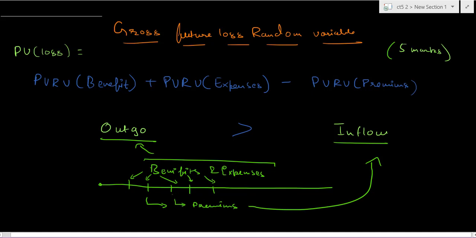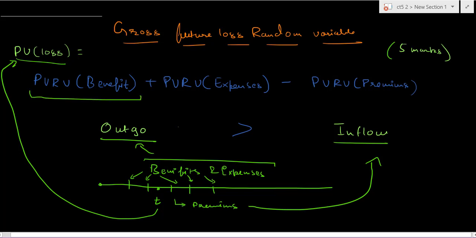At any arbitrary time t, what they'll ask you is the present value of loss at this particular point of time, which is referred to as the gross future loss random variable at time t. So what would this include?